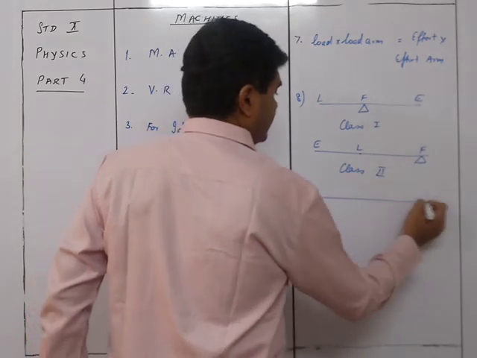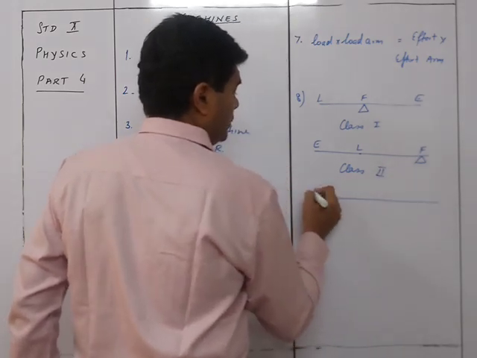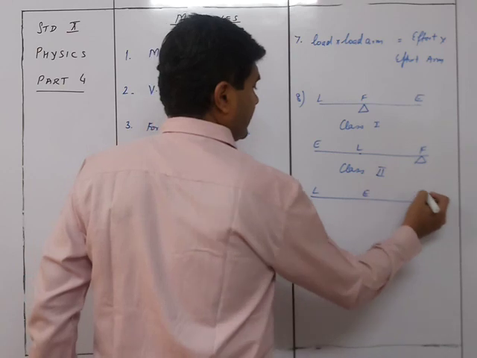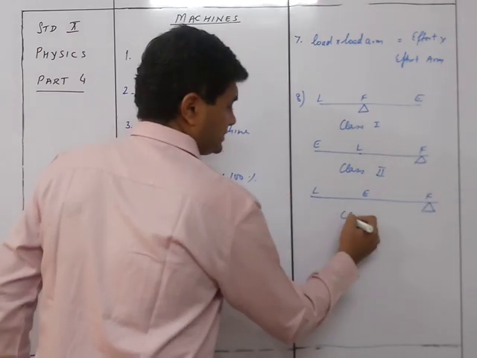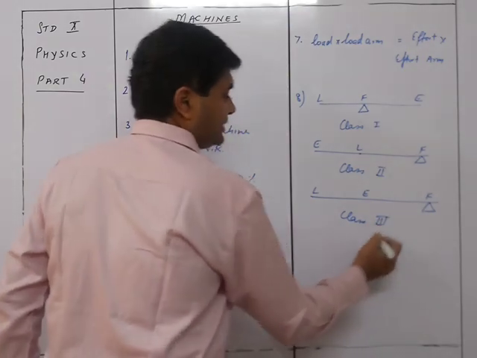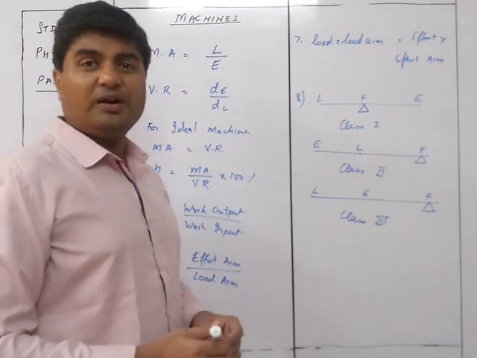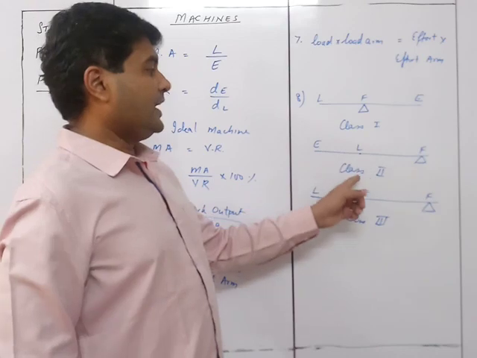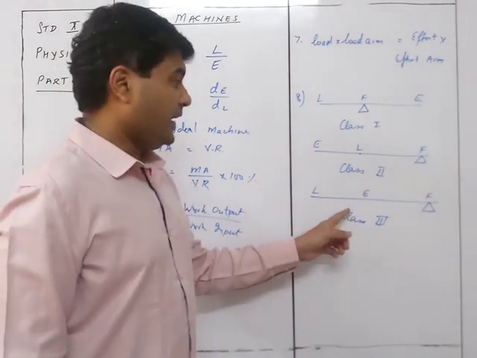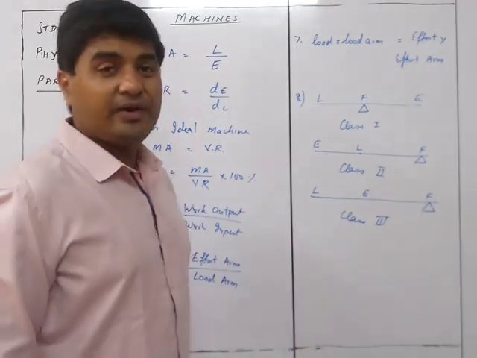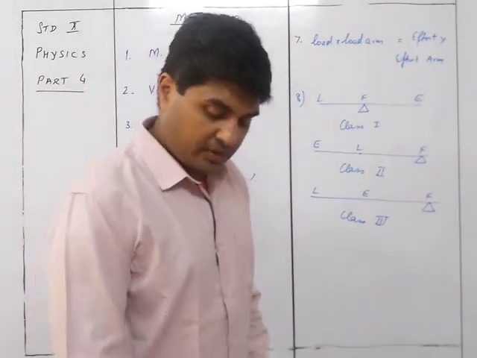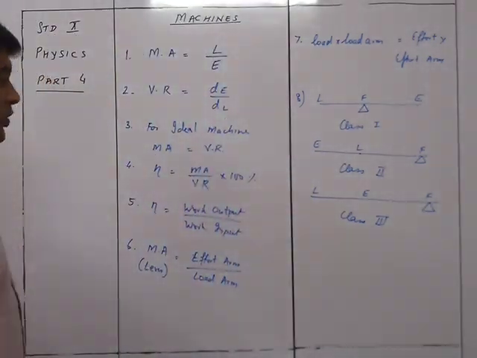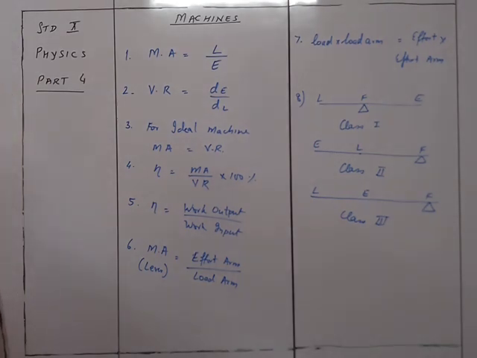And finally, load, effort and fulcrum, which is class 3 lever. So these are the three classes. Class 1 lever when the fulcrum is at the center, class 2 lever when the load is at the center, and class 3 lever when the effort is at the center. That's why I told you FLE. So this is how we remember it. These are the different formulas which we'll be using in the numericals.